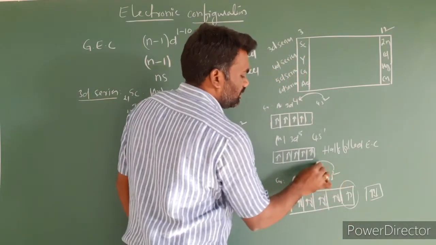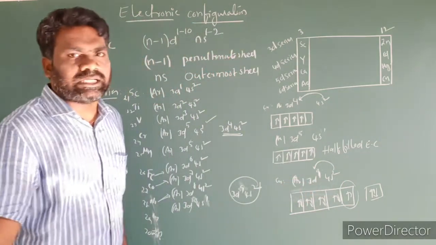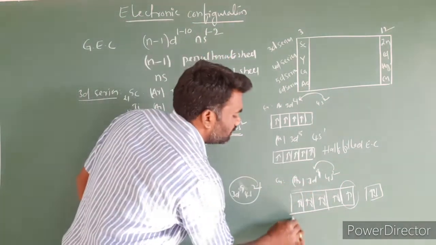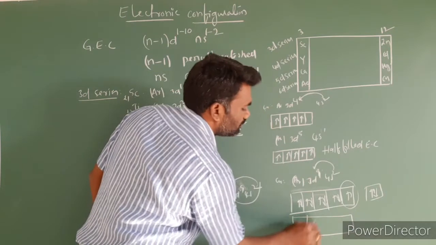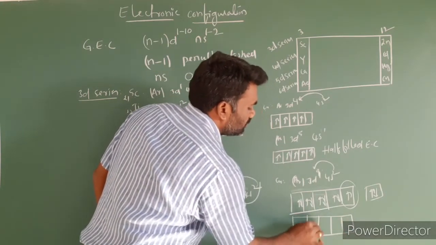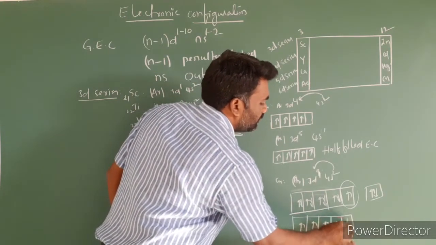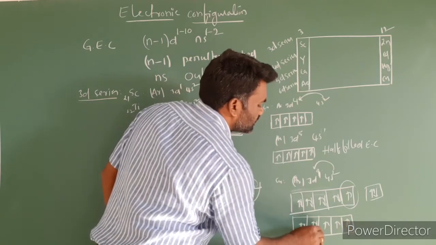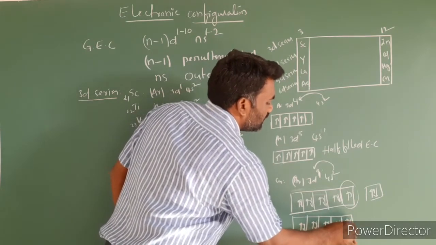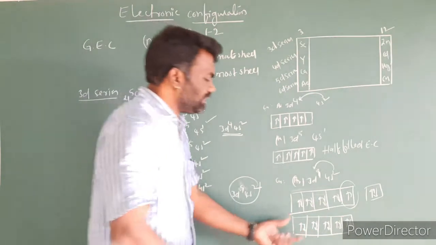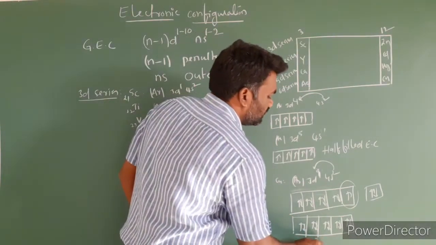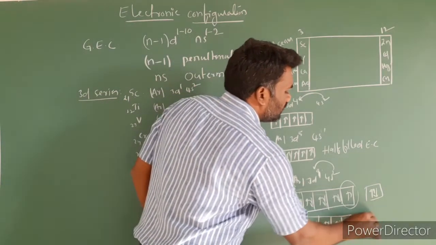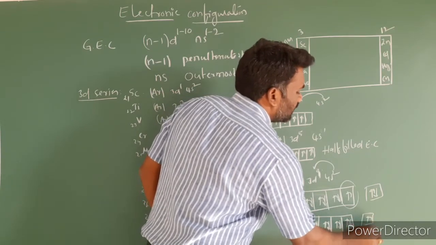So one electron from the 4s orbital jumps to the 3d orbital. Then the configuration becomes 3d10, and with one electron having jumped, 4s1.